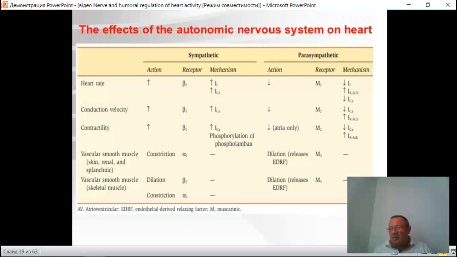Mechanism of the different parts of the autonomic nervous system: first for the sympathetic and second for the parasympathetic. Heart rate: the sympathetic nervous system gives an increase after reaction with beta 1 adrenergic receptors.